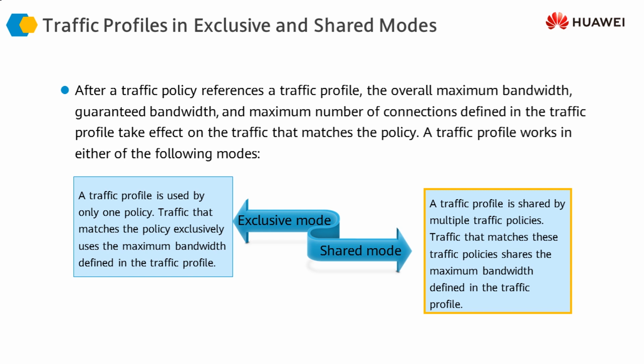Policy defines the traffic and the profile defines the bandwidth limitations, or the bandwidth which is going to be allocated to the traffic in the policy. So the policy is going to call the profile and the profile is going to be called by the policy. Let me repeat. The policy is going to call the profile, or we can say that a profile is called by the policy. The policy defines the traffic and the profile defines the behavior for that traffic, or the bandwidth allocation for the traffic. This will be even clearer when we look at the configuration steps in the next few slides.